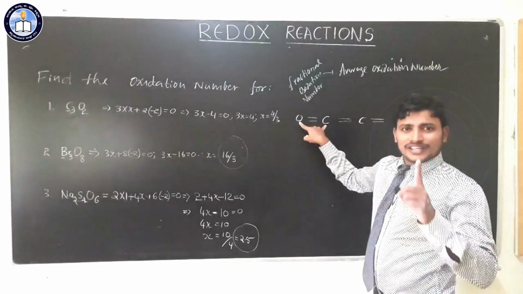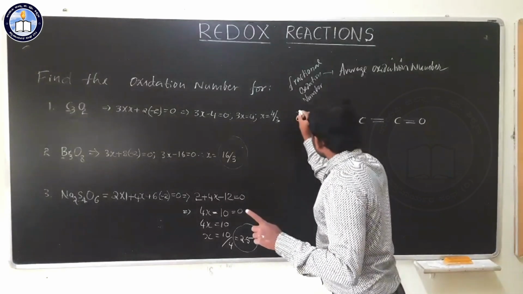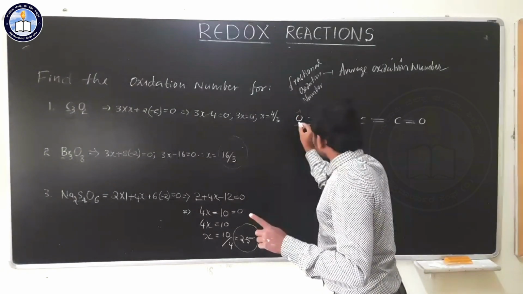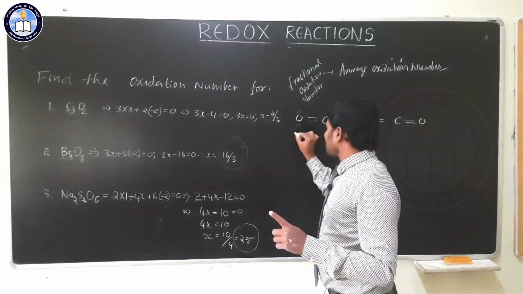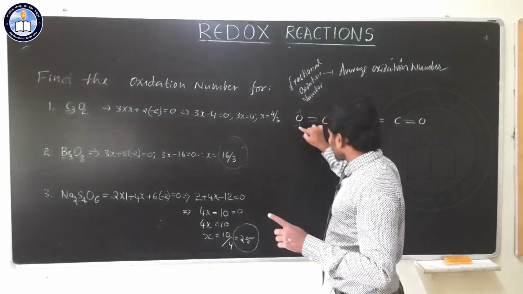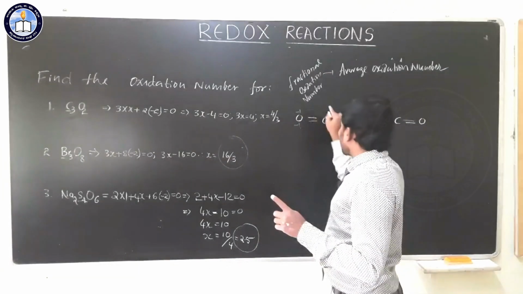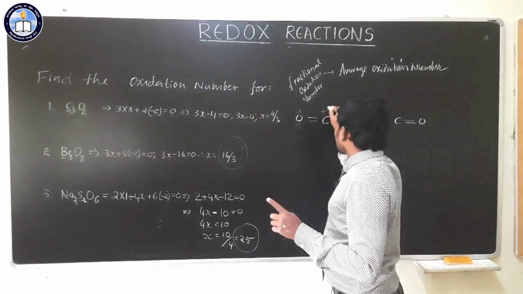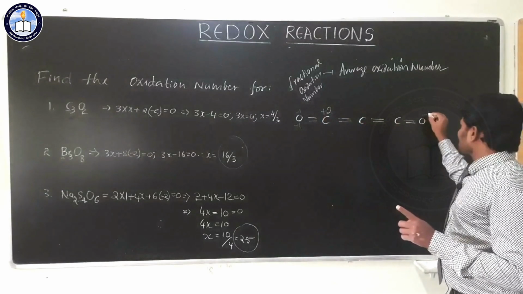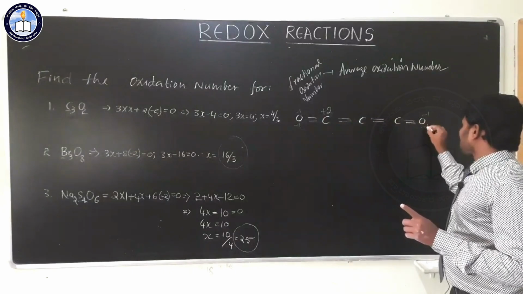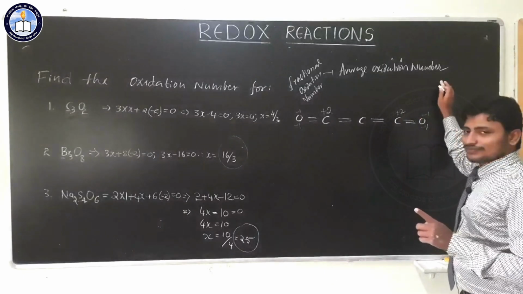Oxygen is more electronegative, hence for a single bond I have to put -1 here. Two bonds, so -2. Therefore I have to balance that by placing +2 here. Here also the same thing: -1 for one bond, -1 for another, equal to -2, so here I write +2.